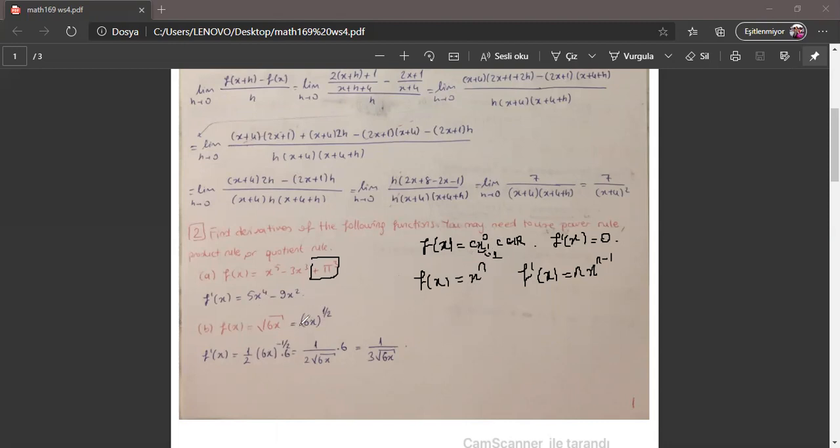What about here? We rewrite the given function as 6x to the 1 over 2, okay? And we apply the rule 1 over 2 times 6x to the minus 1 over 2, because we write n minus 1. So we write this is 1 over 2 minus 1, okay? Times this one's derivative, which is 6, okay? So we have this.